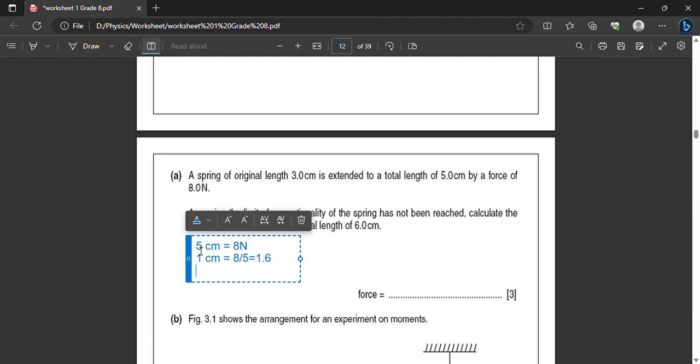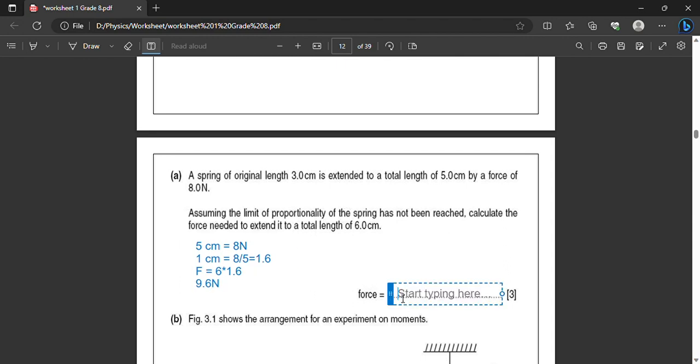So F equals 6 times 1.6. Let's not add the units here, it will be confusing. The answer is 9.6 newtons, because they asked for the value of the force.